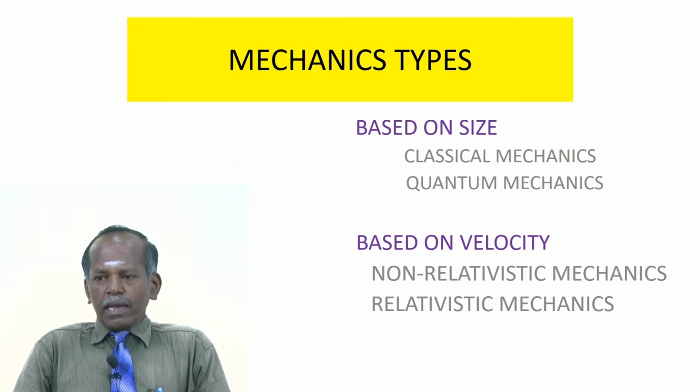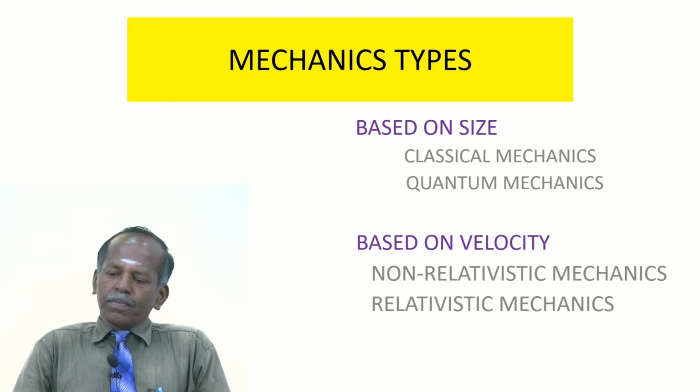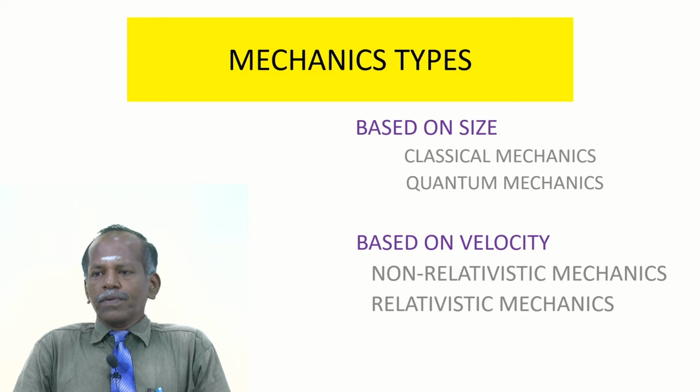Based on size, classical and quantum. Classical is for macroscopic particles, quantum is for microscopic particles. Second classification, based on velocity: slow moving particles represent non-relativistic mechanics, and fast moving particles represent relativistic mechanics.